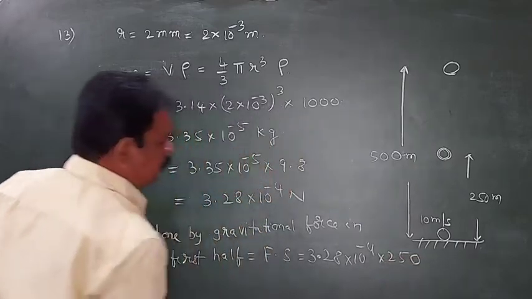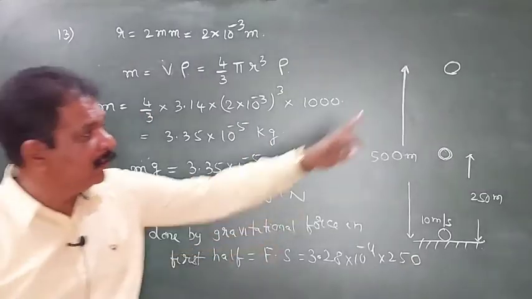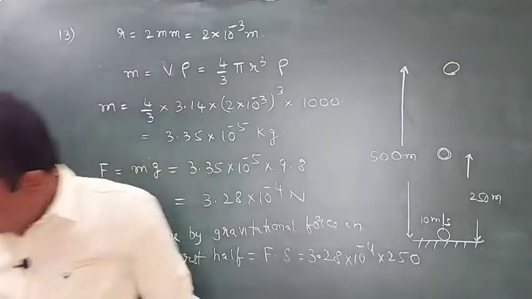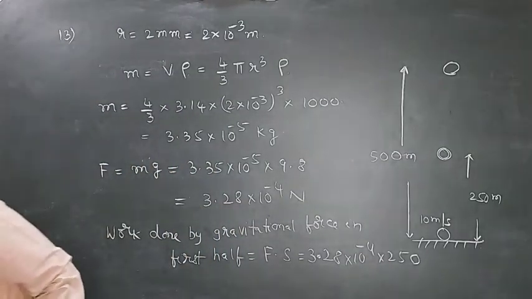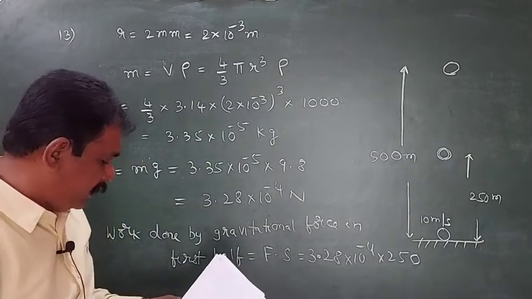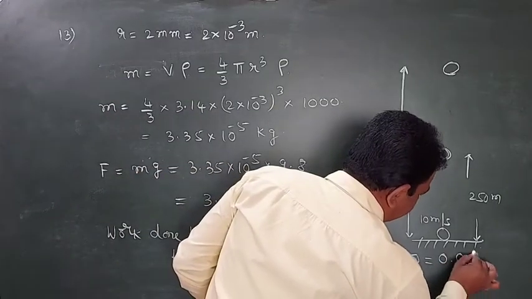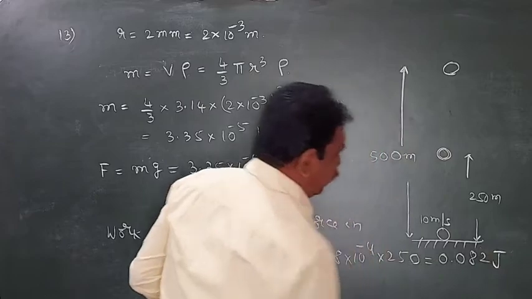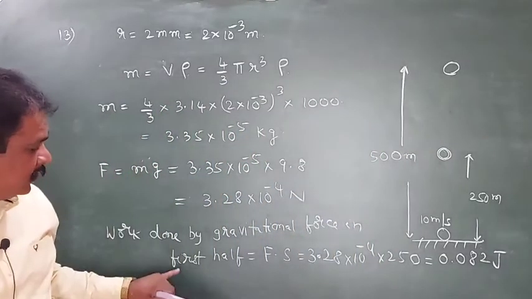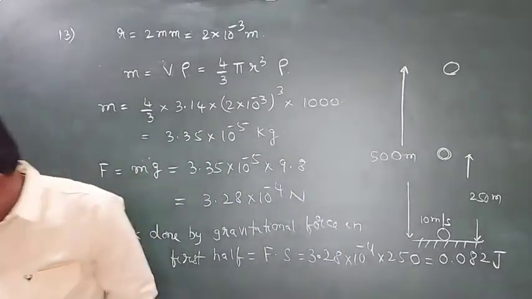First half means 250 meters, here to here. If we calculate this value, finally we will get 0.082 joules. This is the work done in the first half.